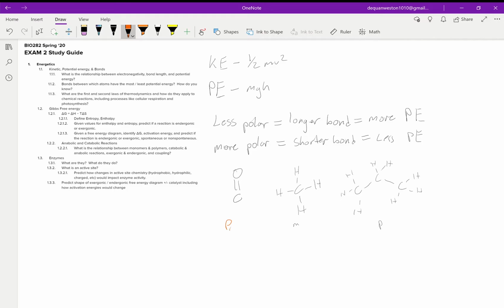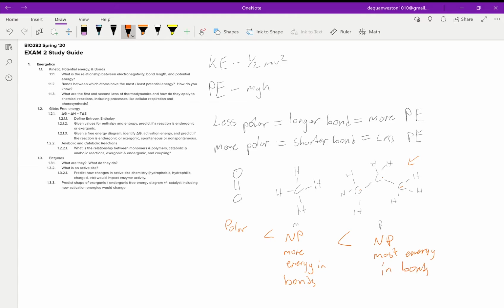So this is polar, this is nonpolar, and this is nonpolar. So we know right away that this one is going to have more energy in its bonds. And then this one over here is basically the same as methane, but it's three of them. It's propane. So it has a whole lot more bonds, so it has a lot more energy held in those bonds, which means this one has the most energy.